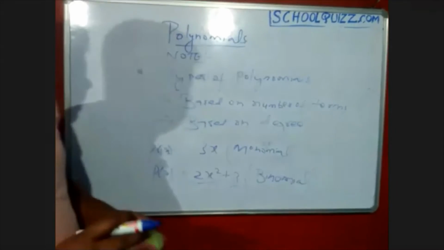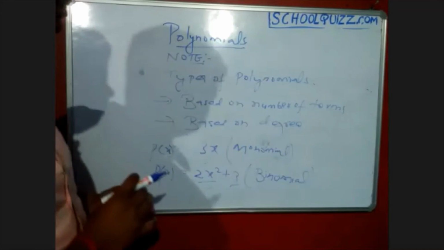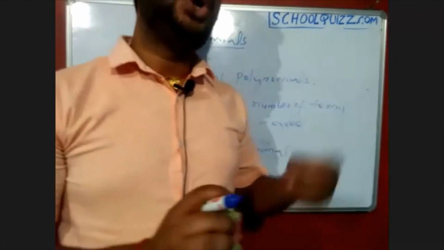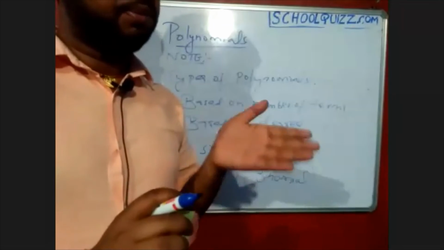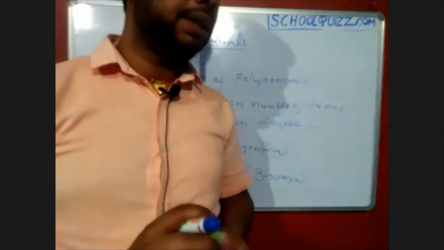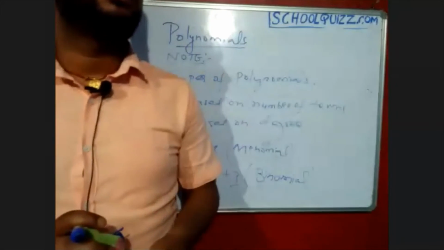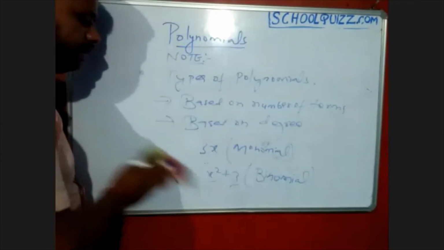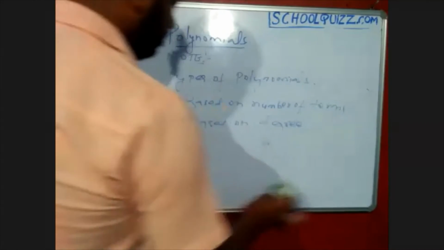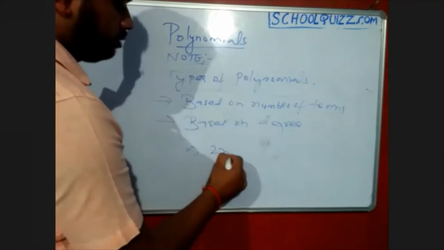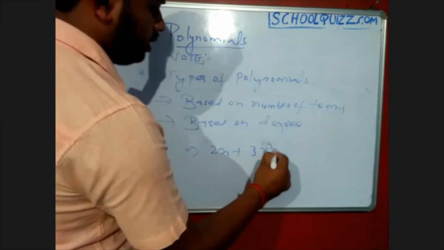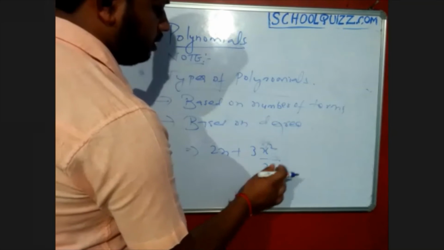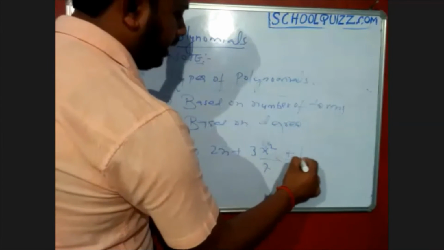So see, one important point is here, all polynomials are multinomials, but all multinomials are not polynomials. This is the thing they will ask you in the 1 mark questions. Why? Because we can write 2x plus 3x square plus suppose 7, and 1 by x square.